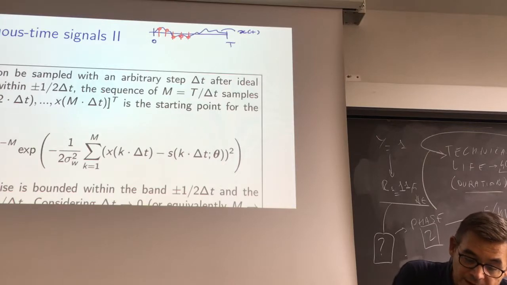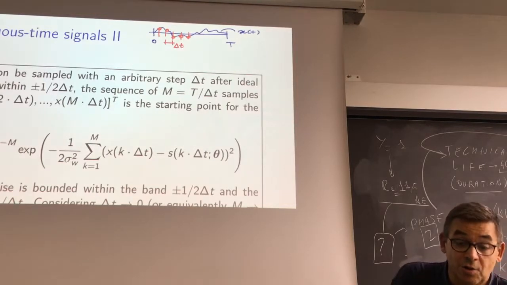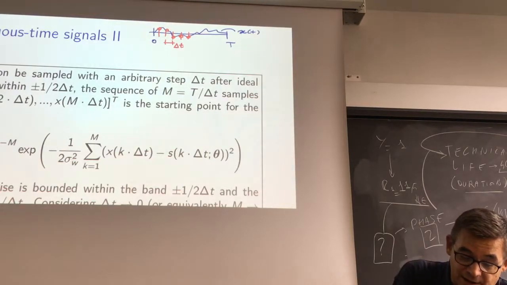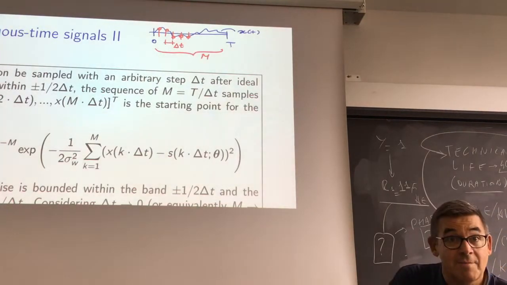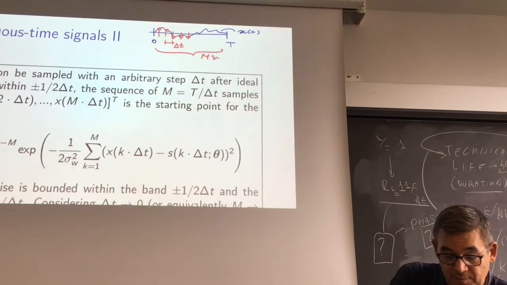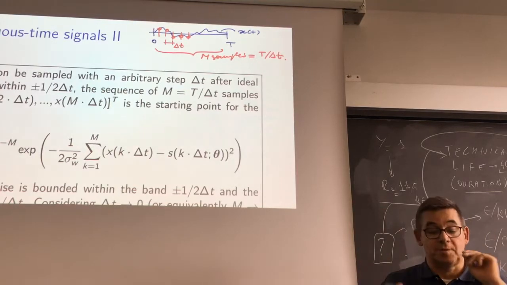So let's consider that this interval is delta t. If I take the interval capital T divided by delta t, there is in total a number of samples, M samples, which is T divided by delta t. So this is the total number of samples.